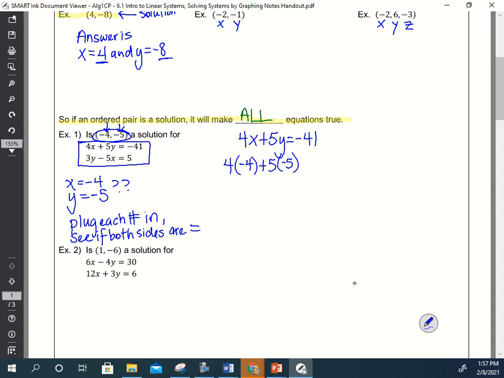If it doesn't, then the problem failed. So let's do some work. What's 4 times -4? So that's -16. And what's 5 times -5? -25, thank you.